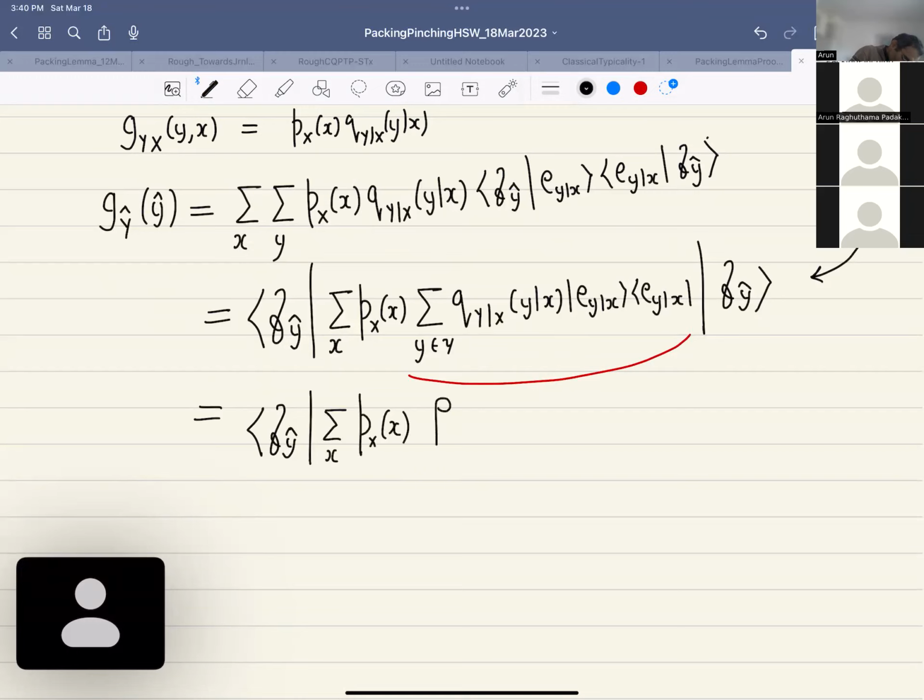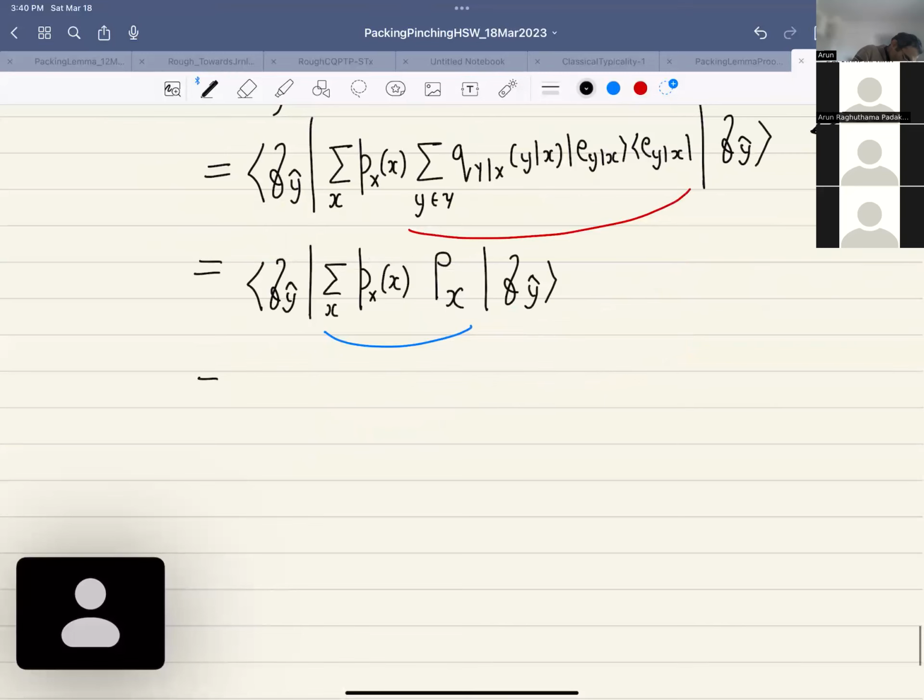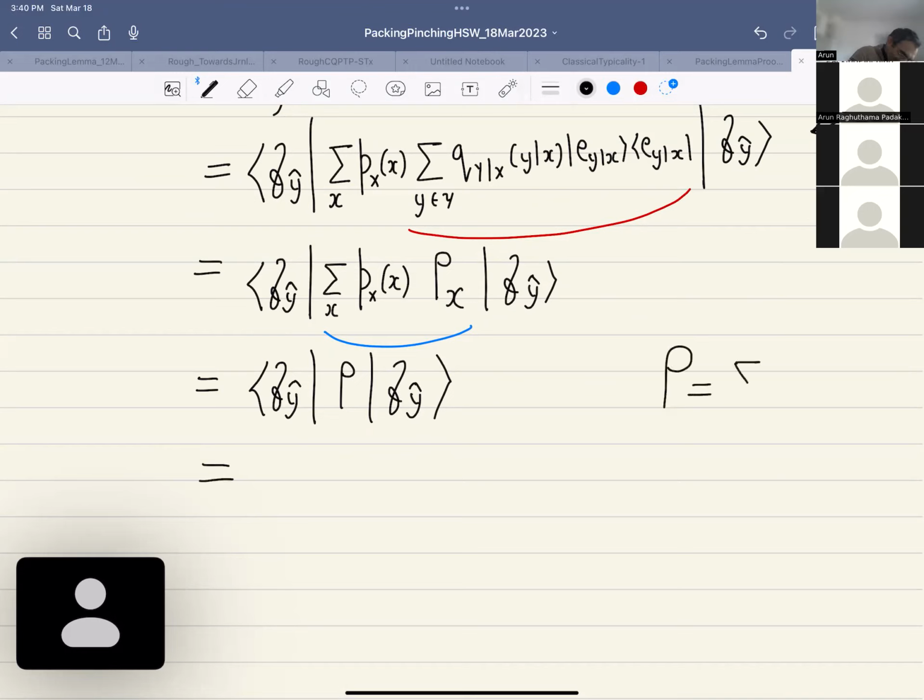That term in the middle is rho of x. Now what is this? Rho. Now what is this? Recall what is rho.